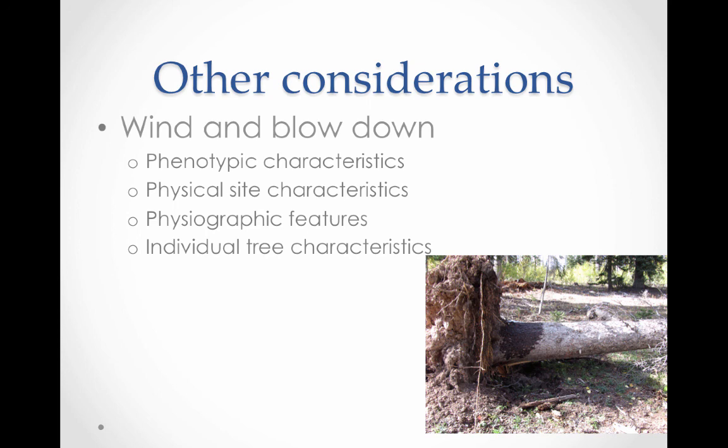By having a blowdown, we're producing down dead wood, and that's an important resource for animals and certain plants and certain microorganisms. It may not fit within your management goals and objectives. So this is one thing to consider and either use as an advantage or maybe work around.